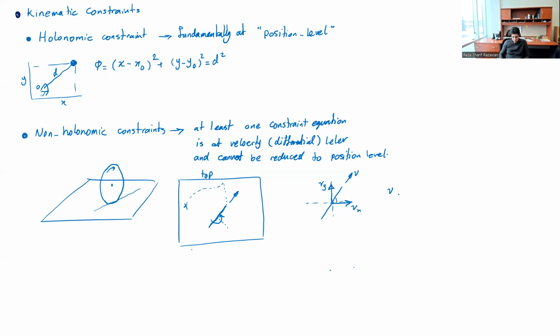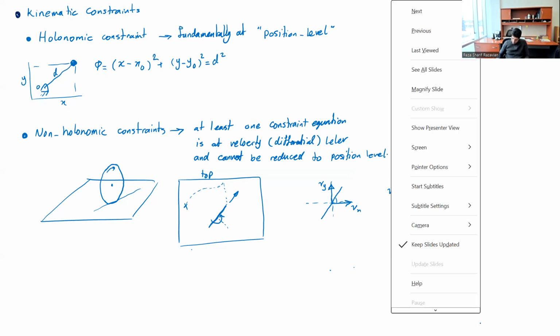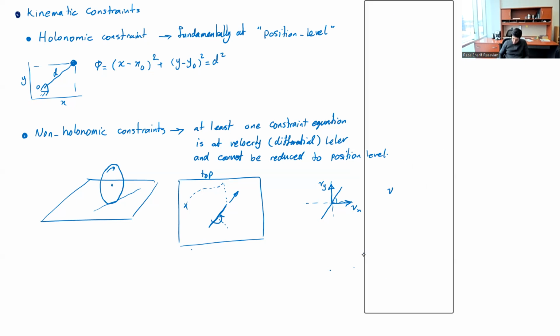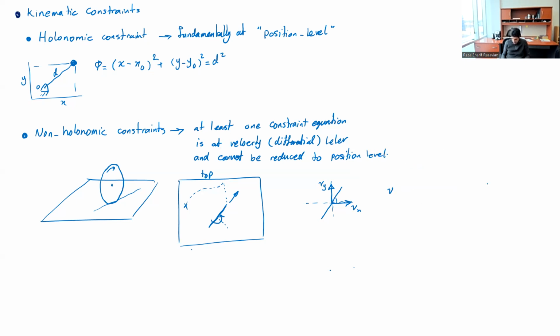how do I write it? Let me think, what is the best way? So if I map these onto the two directions that are normal to the wheel and perpendicular to the wheel.